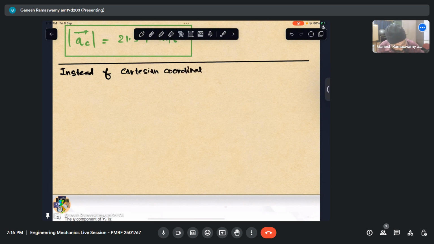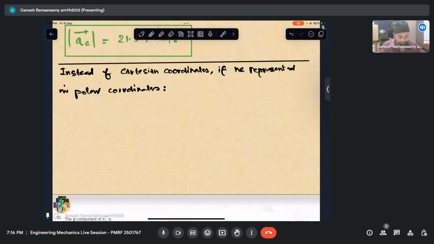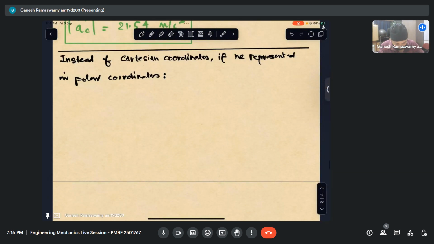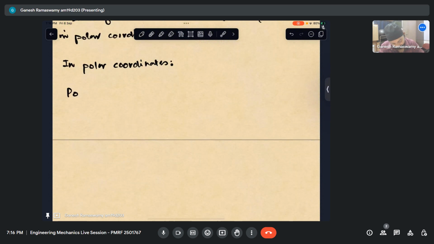So in polar coordinates we have the position vector r given as r e r cap.